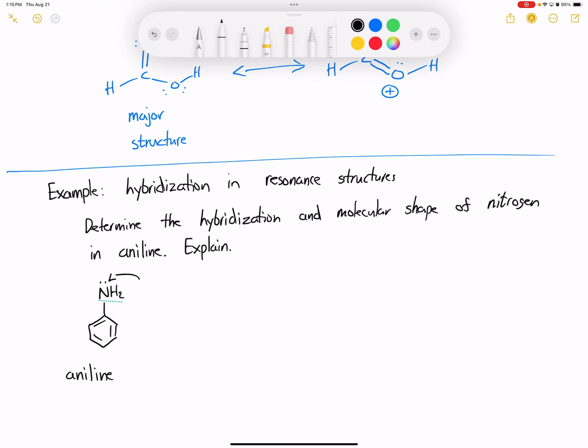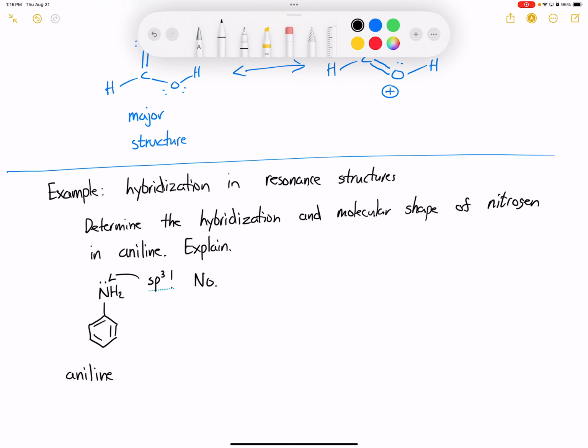Based on what you learned, what would you say? sp3. But no, that's completely wrong. It's not sp3. This molecule is actually pretty flat. And what kind of hybridization do we associate with flat, or planar? So this molecule is actually planar.